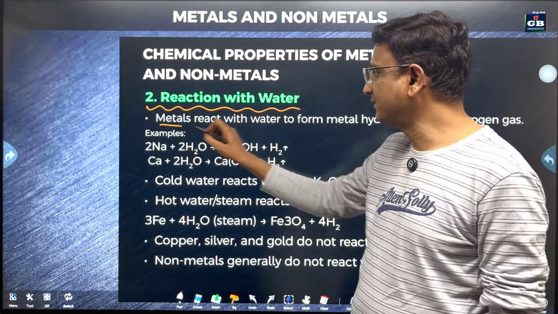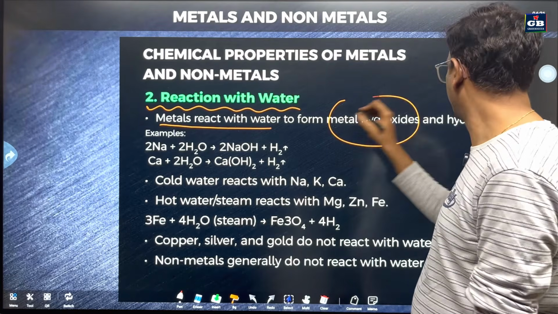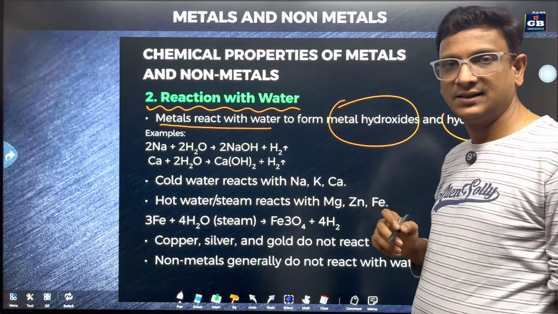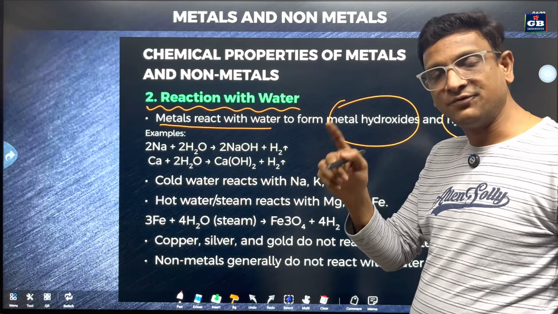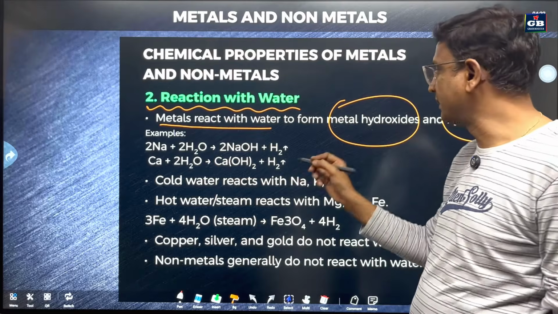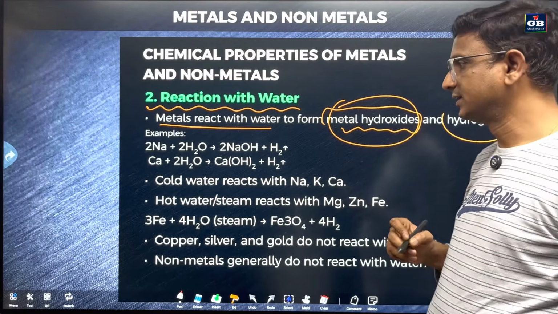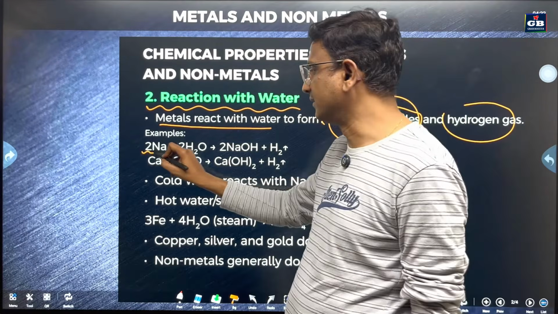So metals react with water also. And what do they form? They form metal hydroxide and hydrogen gas. When metal reacted with oxygen, they form metal oxide. When metal reacts with water, they form metal hydroxides. That is the difference. What are the examples? Sodium is a metal.